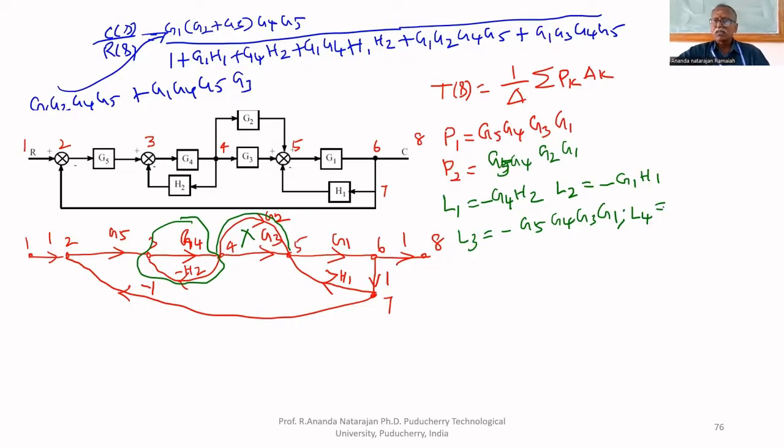That is another path. Therefore, that also can be written minus G5, G4, G2, G1. That's all. Any other loops? Individual loops?